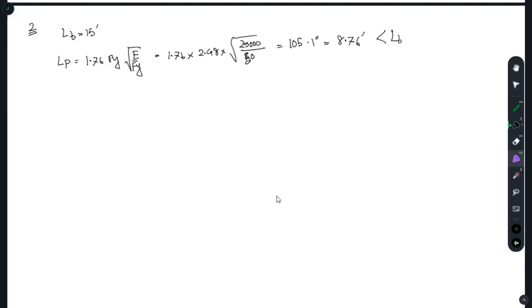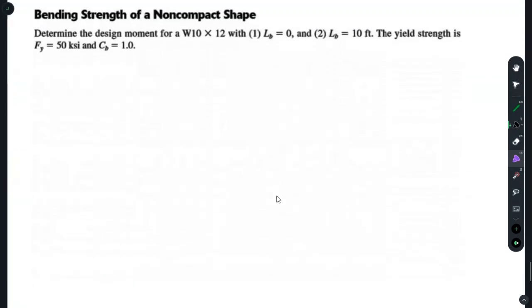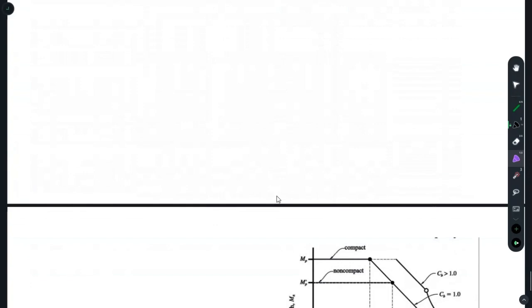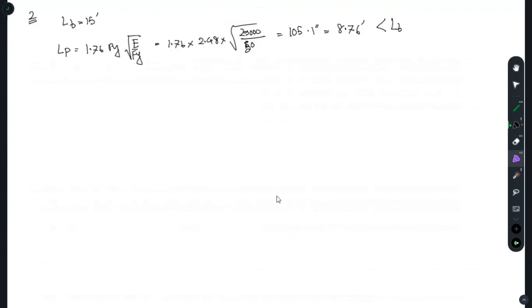This is actually less than the Lb value. So the Lp value is 8.76 feet, and your value is more than that, so you are in this region right over there. So you have another formula for that. We'll check another limit.